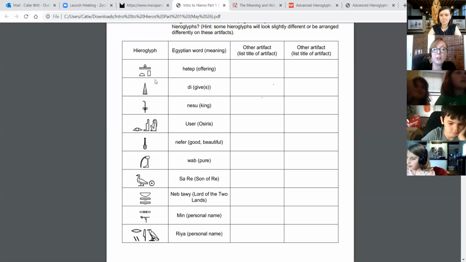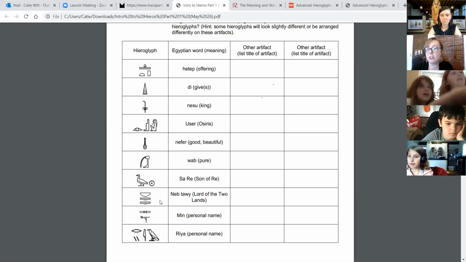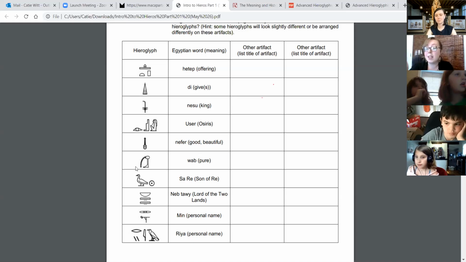But a lot of these other terms are ones that you're going to find a lot if you go to any Egyptian collection. It doesn't have to just be at our museum, but if you go to the Field Museum or somewhere else that has a really great Egyptian collection, you'll see these signs over and over again. And if you practice them, you'll be able to be like, oh, I know what that means. I can read that word and impress all your friends and family. That'll be really exciting.